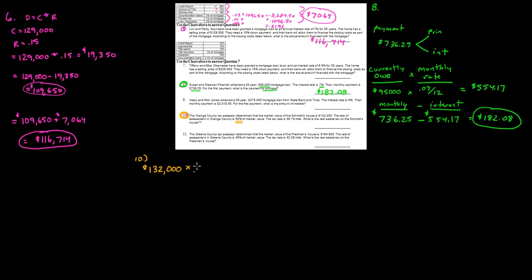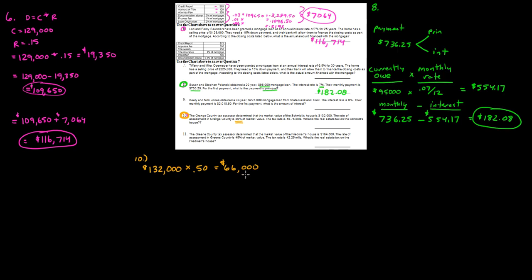The assessment rate is 50%, which is 0.50. And that gives me $66,000. So essentially, the way to think of this is I'm going to be taxed on half of the actual value. So the assessed amount that I pay taxes on is half of the value of the property. The property is worth $132,000. The assessment rate is 50%.